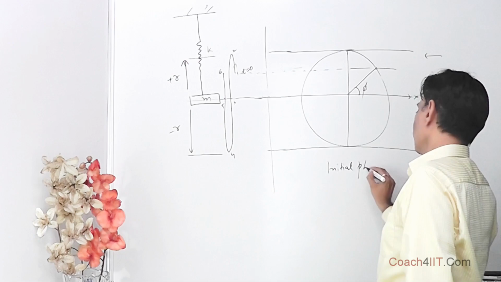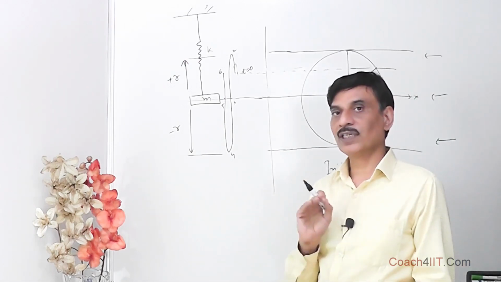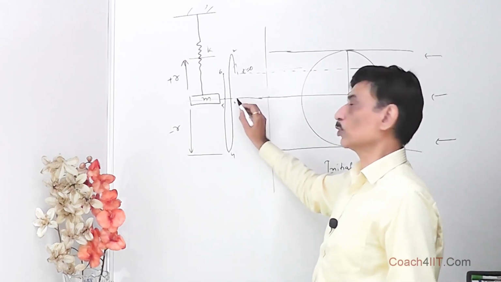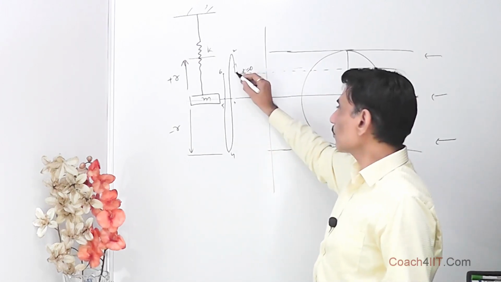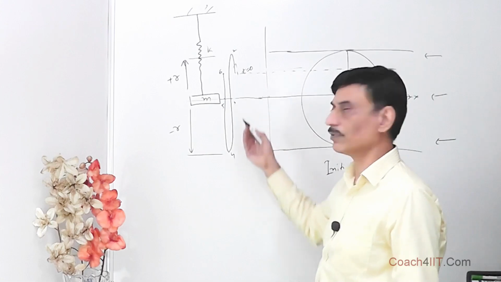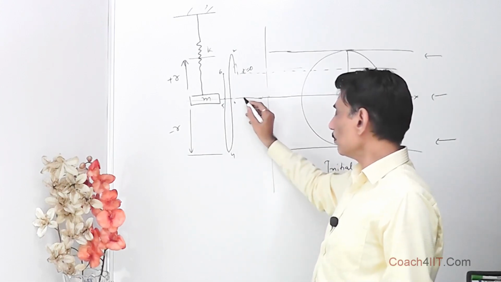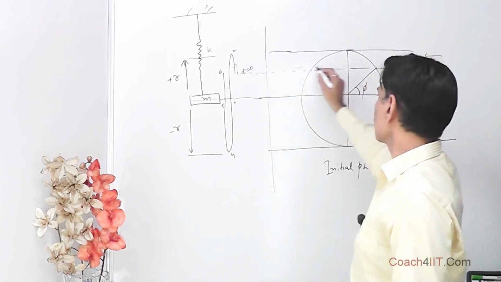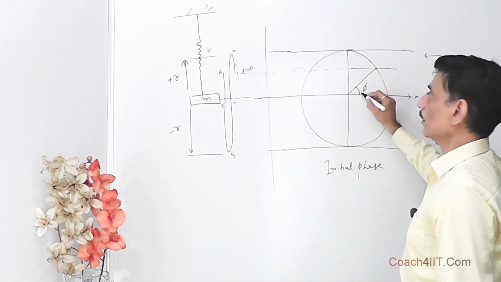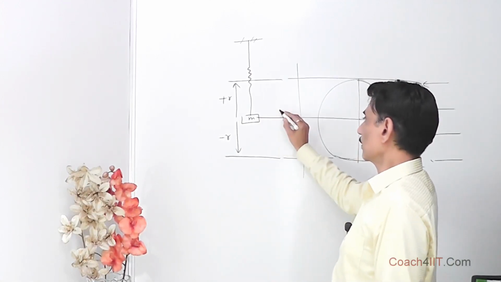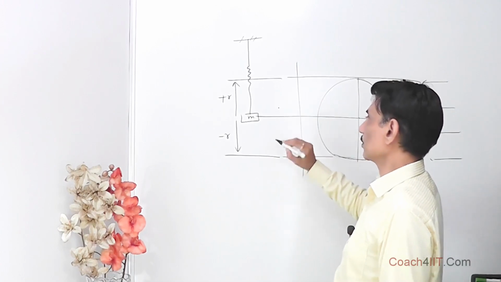This is the initial phase. It is not essential that we start our observation from the mean position only. We may start our observation from here also, anywhere we can start. If we start our observation not from the mean position but somewhere else, then obviously there is going to be an initial phase. Now let's say we start our observation when this is at some distance from here.